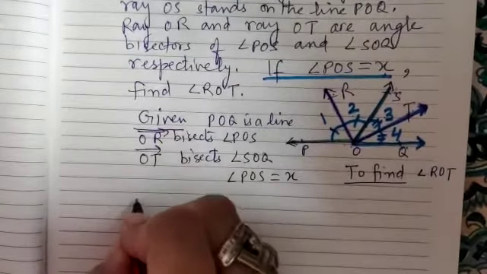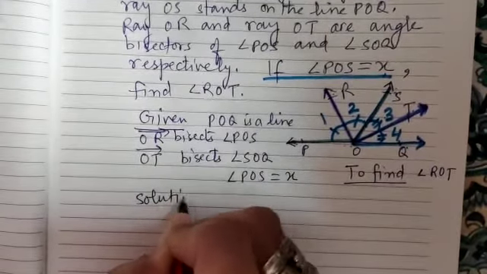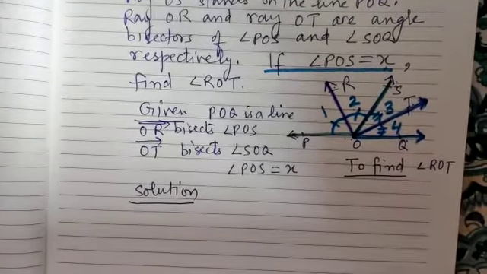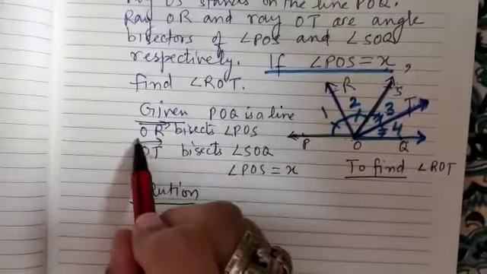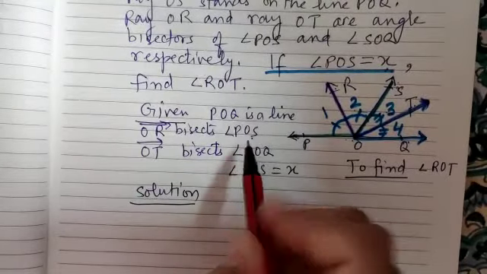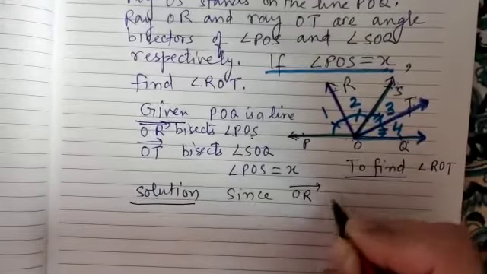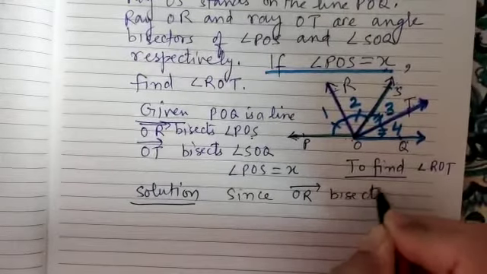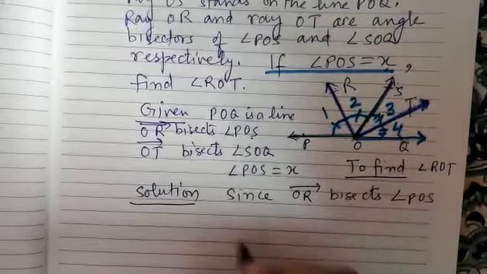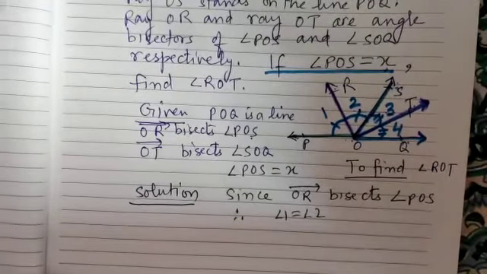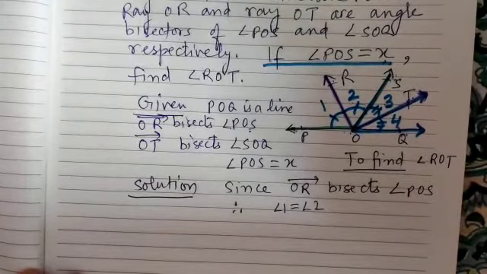Now let us see the solution. So we will begin with OR bisects angle POS. Since OR bisects angle POS, therefore angle 1 is equal to angle 2. We have already labeled it, angle 1 and angle 2.